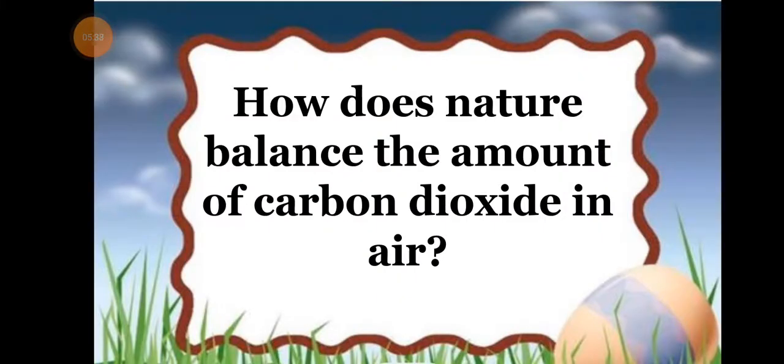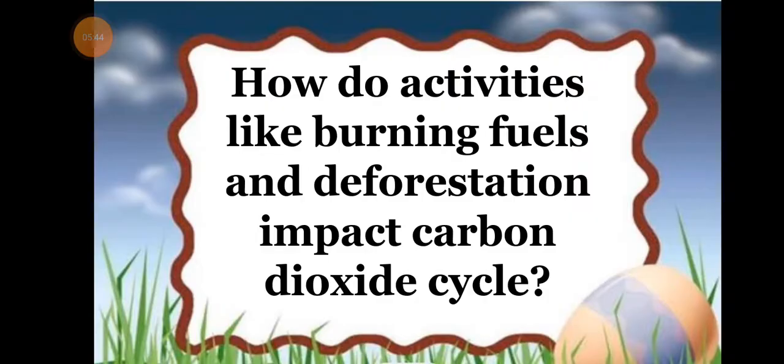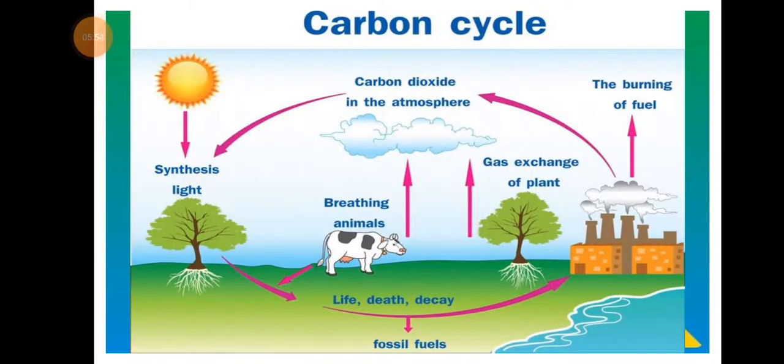How does nature balance the amount of carbon dioxide in the air? Here we are talking about the carbon cycle and how activities like burning fuels and deforestation impact it. Nature balances the amount of carbon dioxide through respiration and photosynthesis. We exhale carbon dioxide, whereas plants take in carbon dioxide and release oxygen.